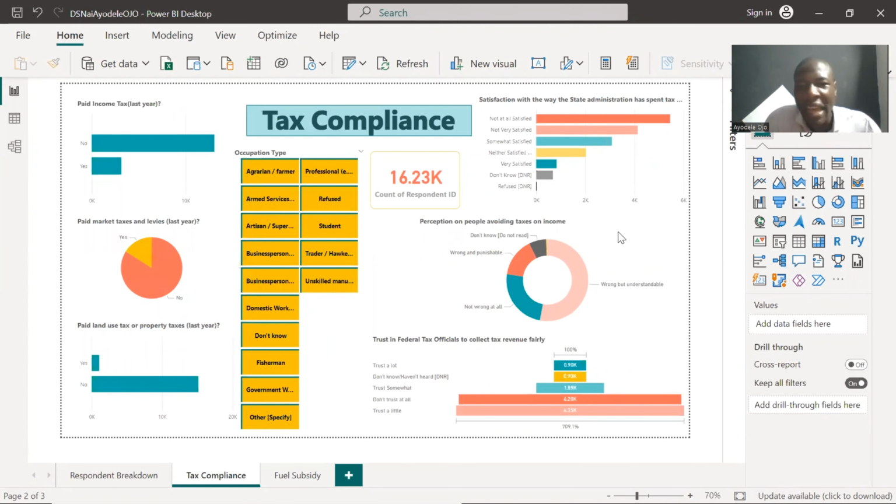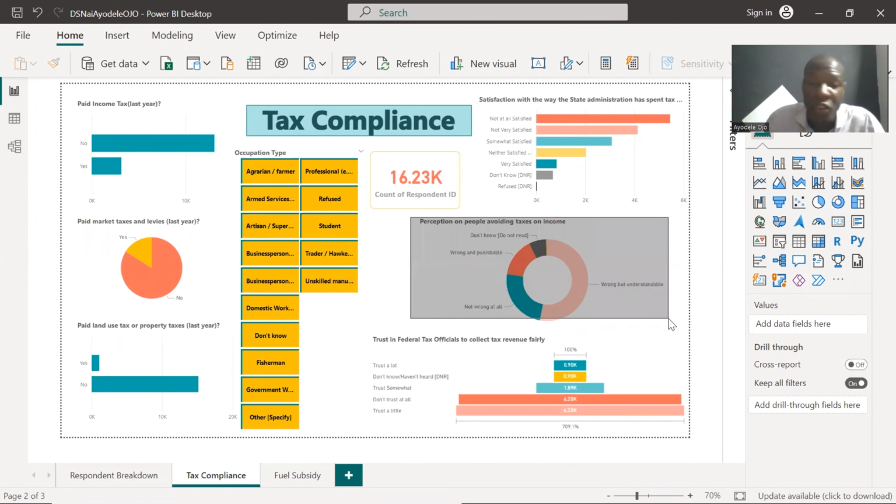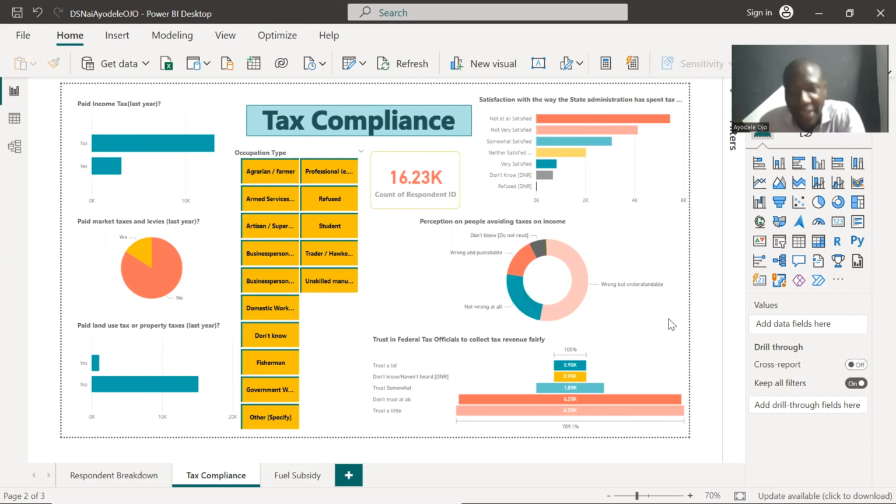And then their perception on tax, we have that being represented here: their satisfaction with how the tax money has been spent, their trust in the federal government, we have that being visualized there. And what do they think will happen to those who avoid tax on income? Many people think of it as wrong, but understandable.